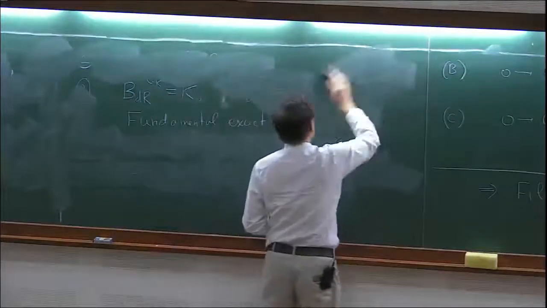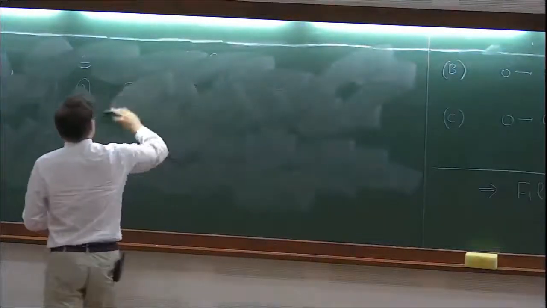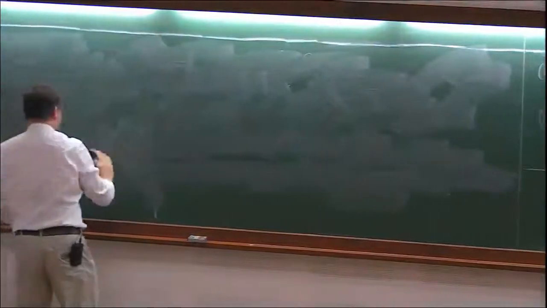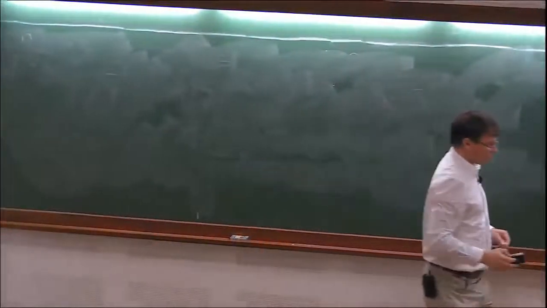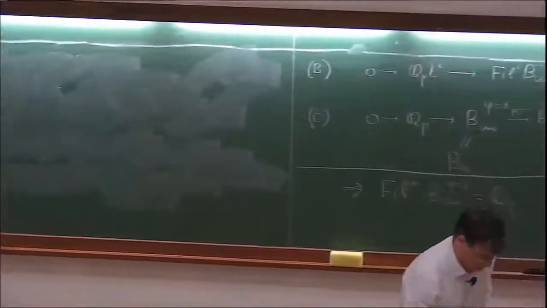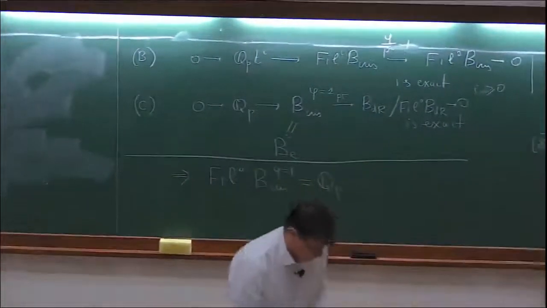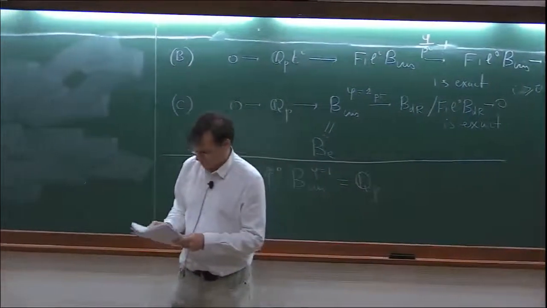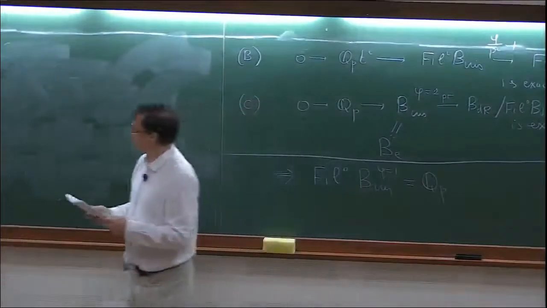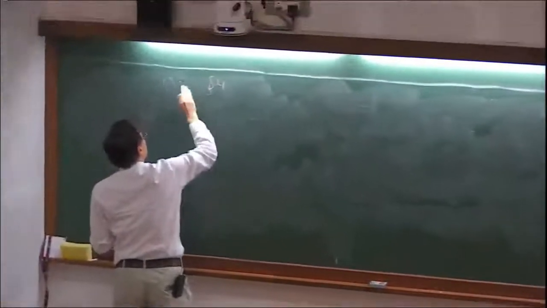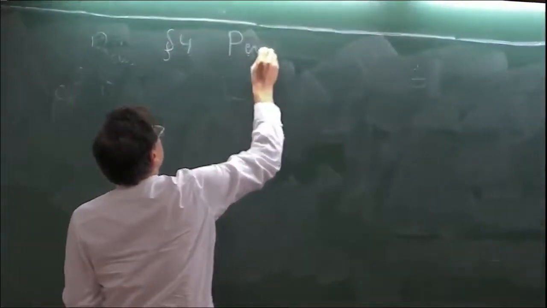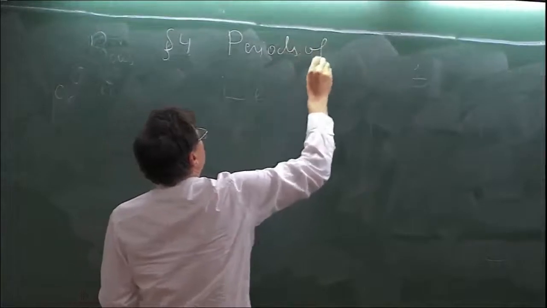So this is a case of formal groups, and also the connection of this theory with the subject of Udi's lectures will maybe be more clear. The next paragraph: periods of formal groups.